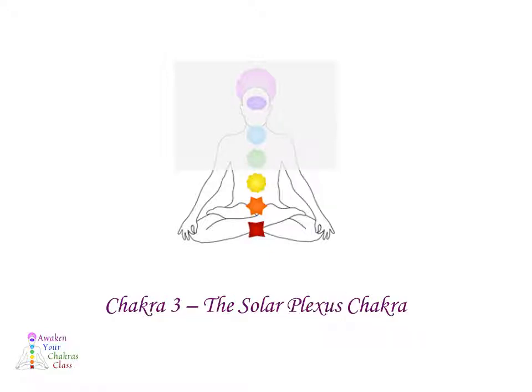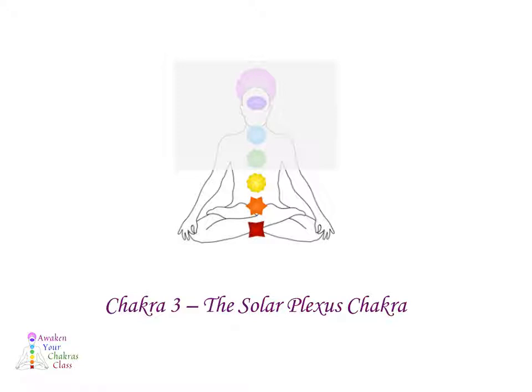And then moving up the chakras to chakra number 3, this chakra is associated with the color yellow, and it's located at our solar plexus, just a few finger widths below our xiphoid process, just below the center of our ribs. And the Sanskrit name is Manipura, which means illustrious gem.